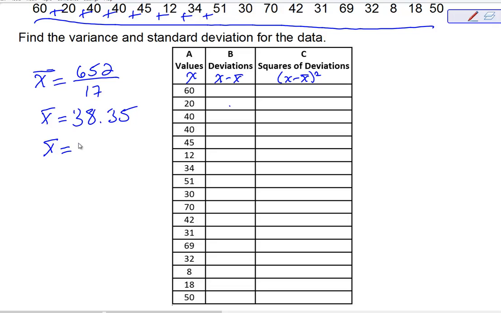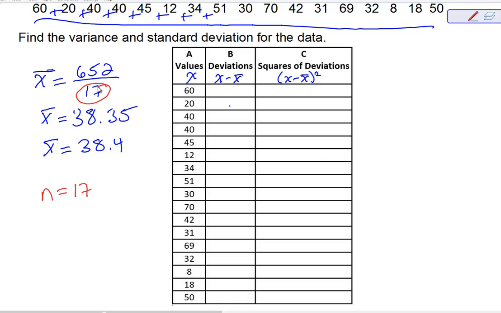So my x bar is 38.4. Now I'm also going to put over here that my n is 17 because remember that's what I used right here. How many data points I have. Okay?